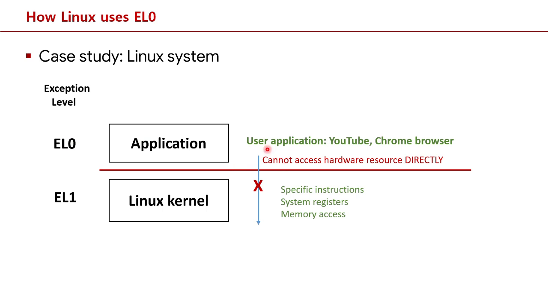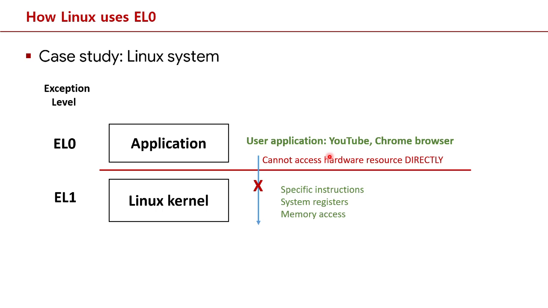But remember that software at exception level 0 can use most of the general purpose registers. Software at exception level 0 can also run any assembly instruction such as arithmetic assembly instructions or bit shift or bitwise assembly instructions.